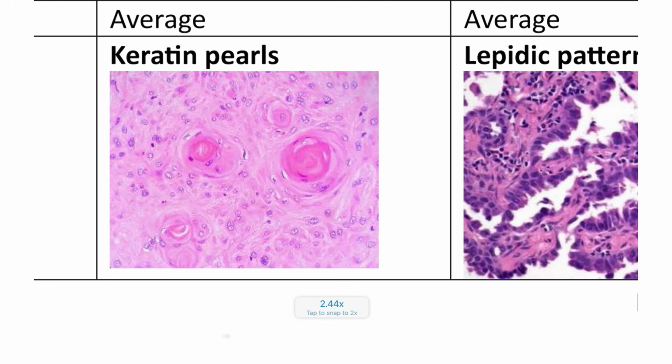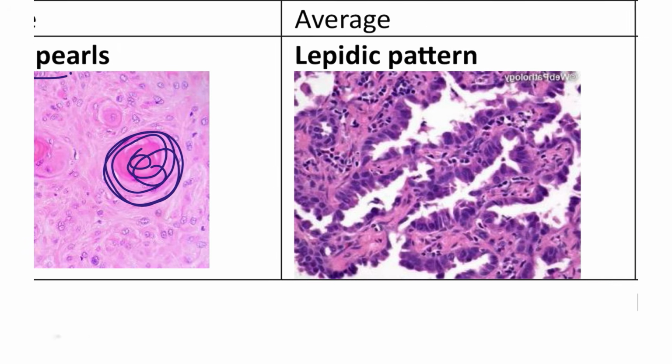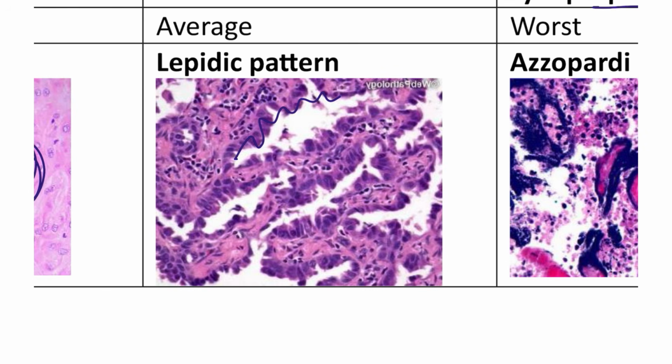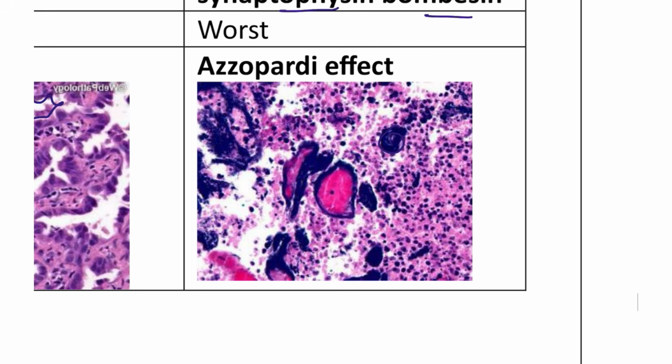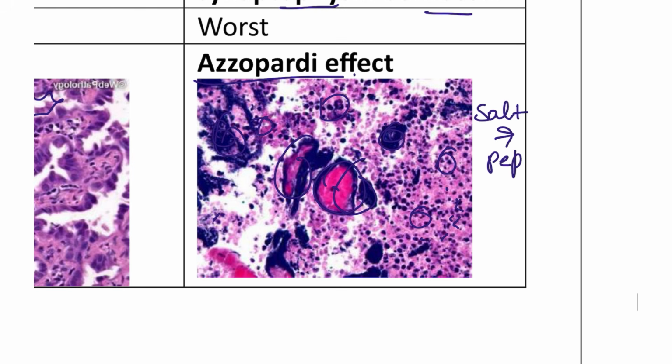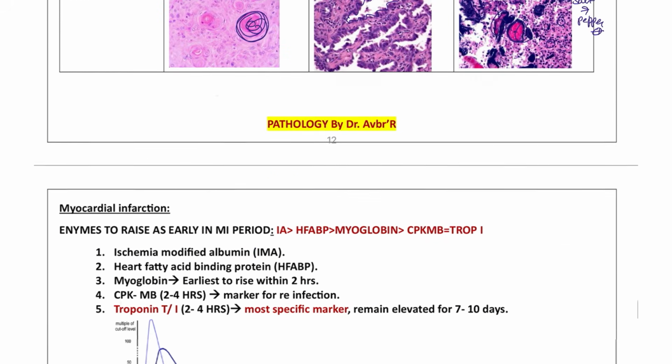Next, coming to histology, here you can see the onion and keratin pearls seen in squamous cell carcinoma, and here the lepidic pattern seen in patients with adenocarcinoma. And here, the severe proliferation with salt and pepper appearance: suddenly there is thickness, suddenly proliferation. So the salt and pepper appearance is seen in small cell lung carcinoma.